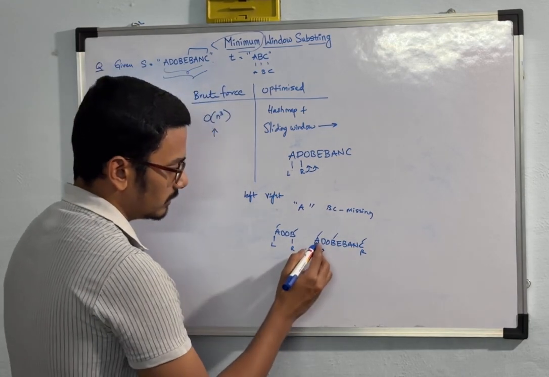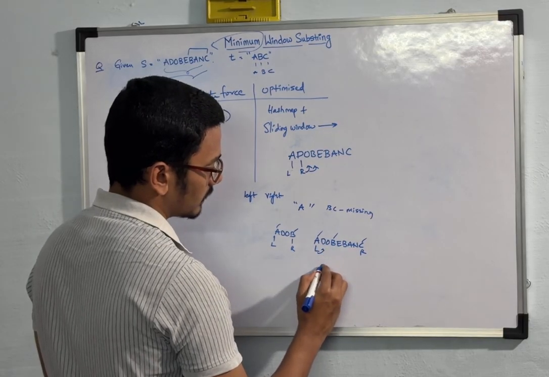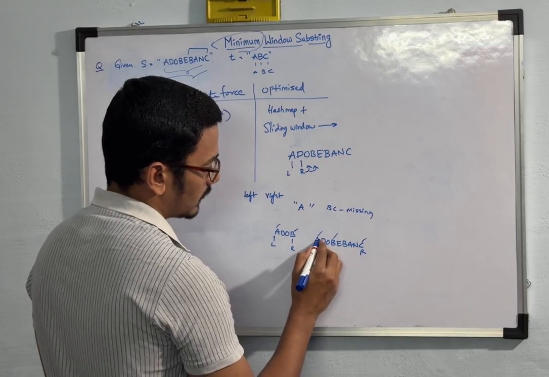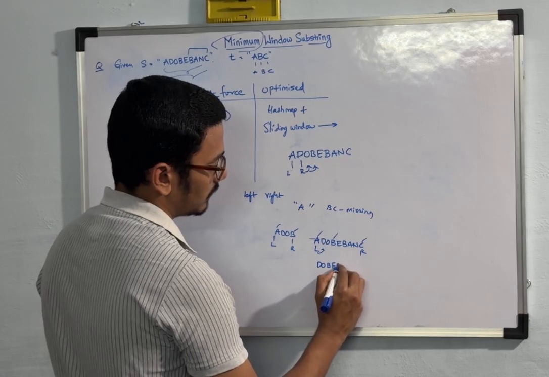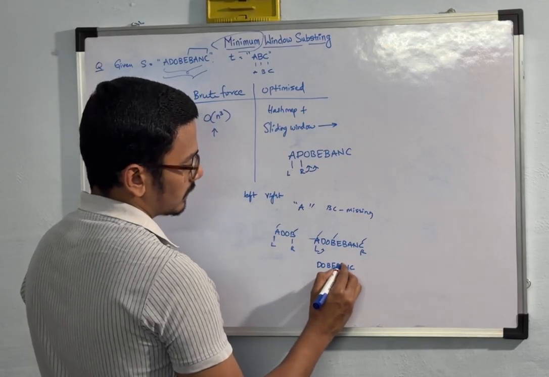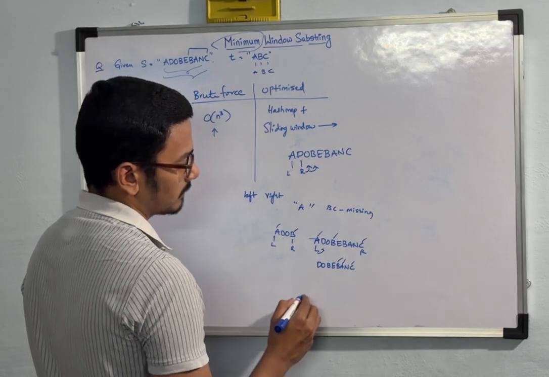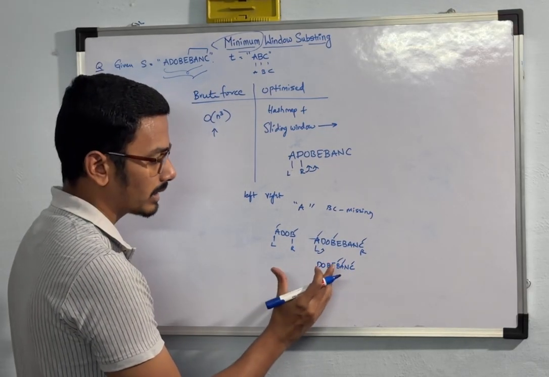So I'll keep moving left one step at a time. Whenever I increment, A will go. So DOBEBANC. Here we have everything: A is there, B is there, C is there. So once again I can shorten the range.